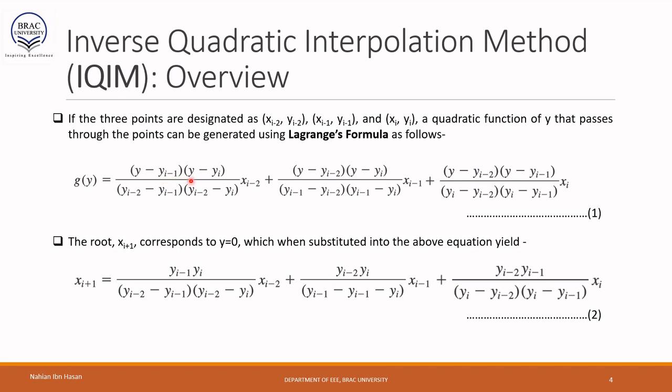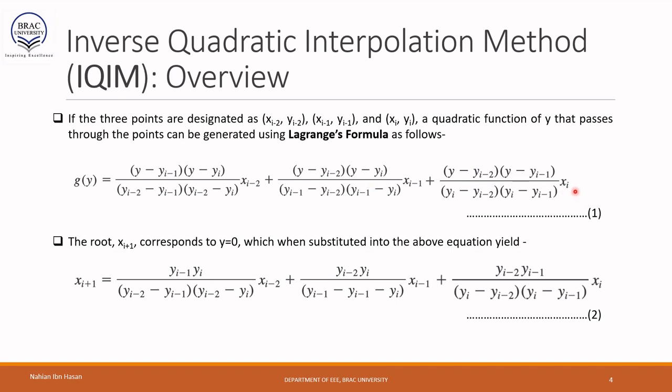Similarly, in the second term, we have the multiplicative term as x_{i-1}, so there will be no y_{i-1} term in the numerator. Look at this, there is no y_{i-1} term. Similarly, in the third term, there will be no y_i term in the numerator. So that's the pattern that we are going to follow.